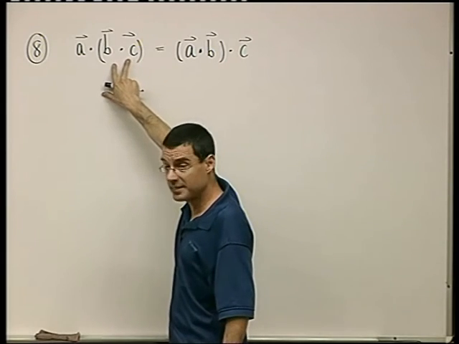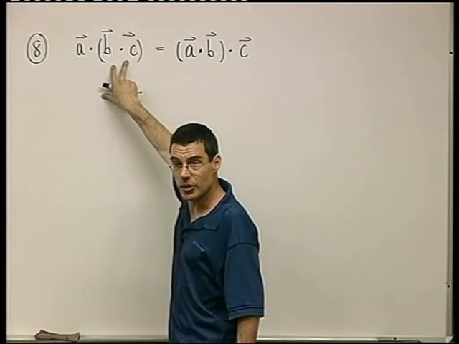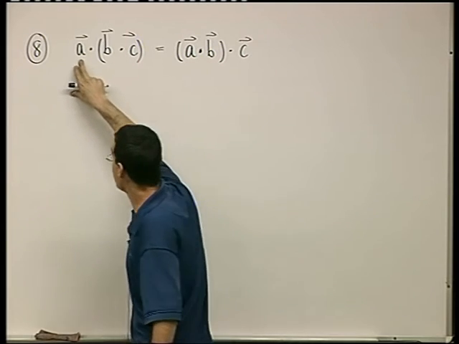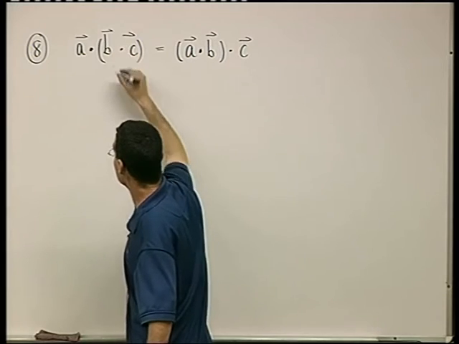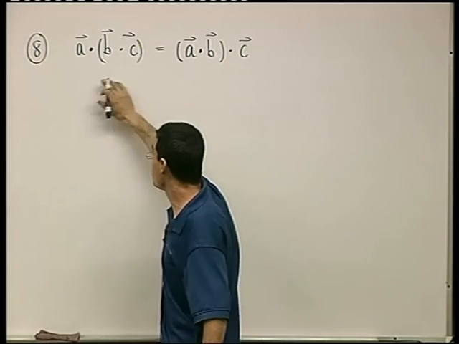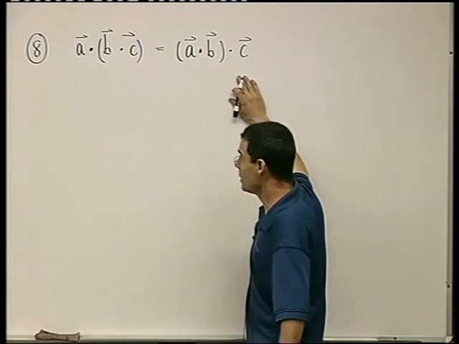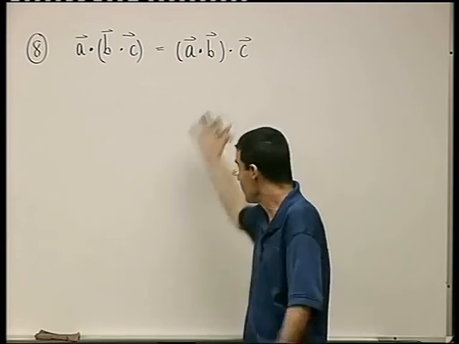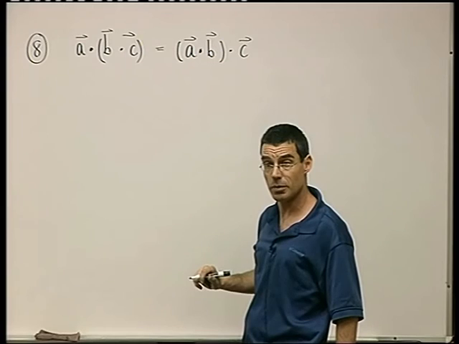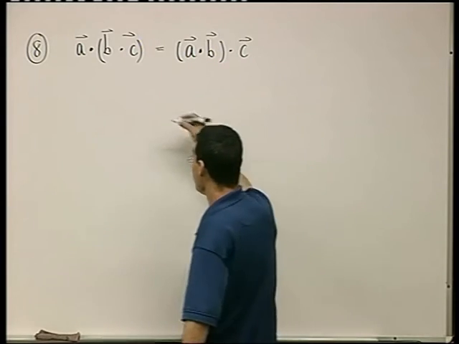Because B dot C is a scalar. There's no such thing as dotting a vector with a scalar. Do you agree that even writing this doesn't make sense?